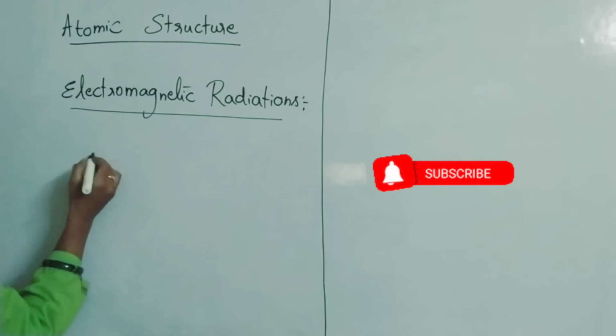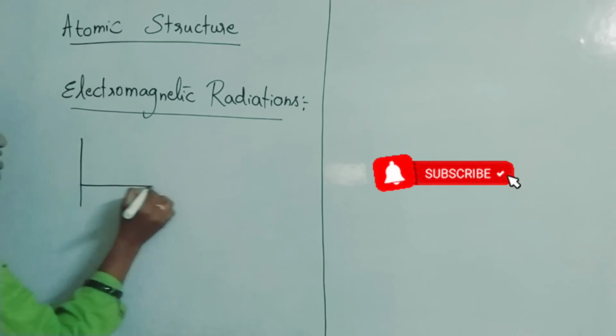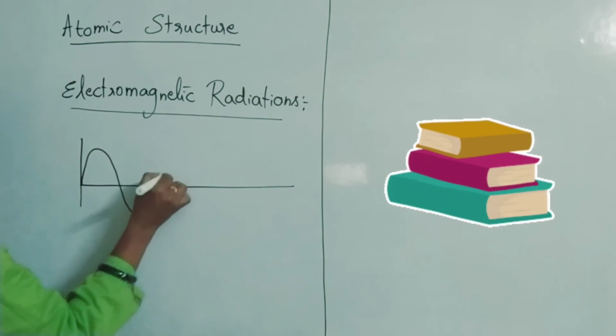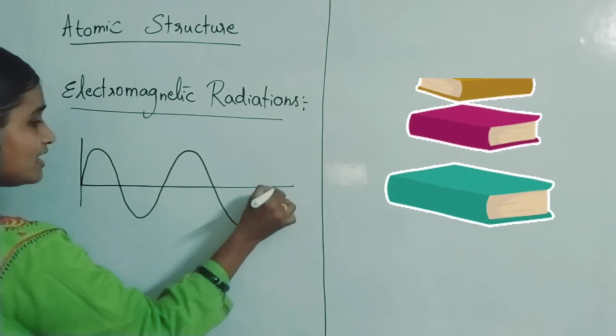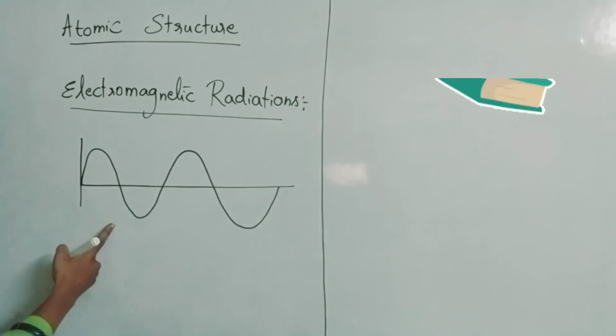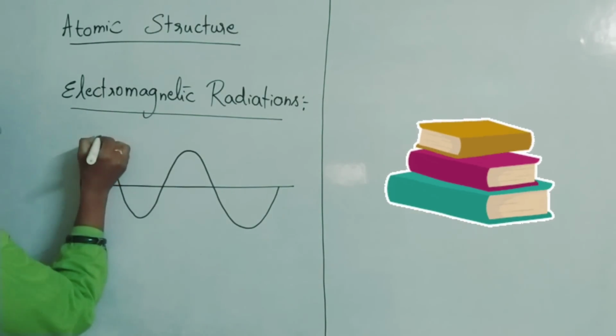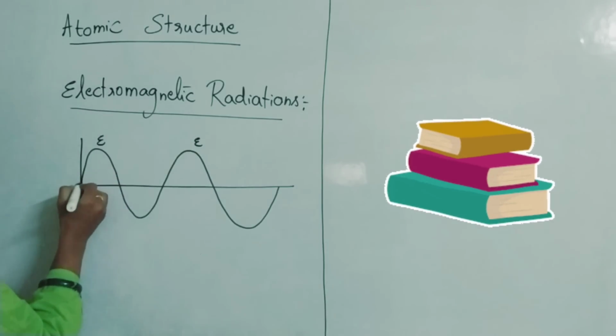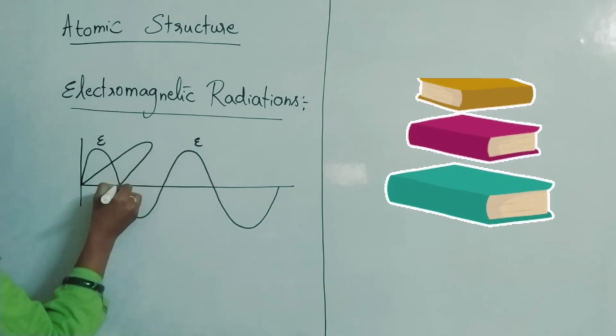If two waves, one of electrical nature and another of magnetic nature, you just consider one single wave like this and imagine that this wave is an electric wave. Let us represent it with E. And another wave of magnetic nature.